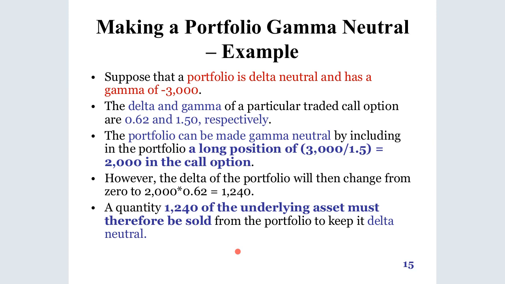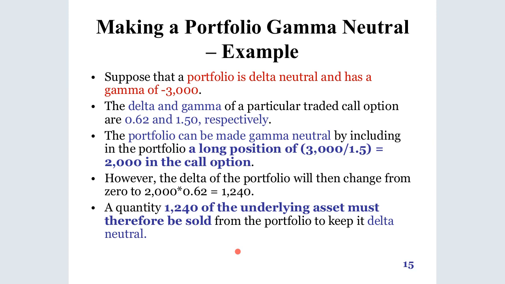How many options do I need to buy? My hedge portfolio should have a gamma of 3000. One option has a gamma of 1.5, therefore 3000 divided by 1.5, which is 2000 options. If I buy 2000 of the options, I will become gamma neutral.